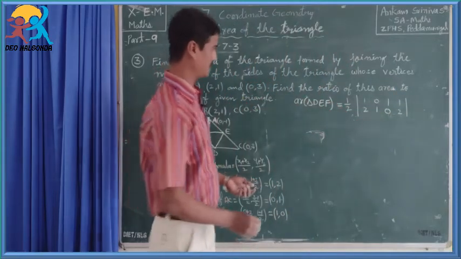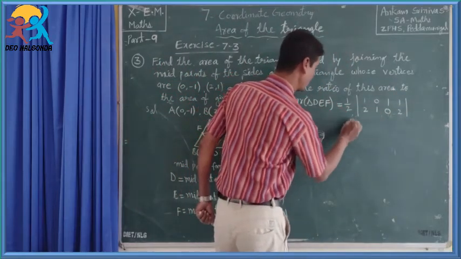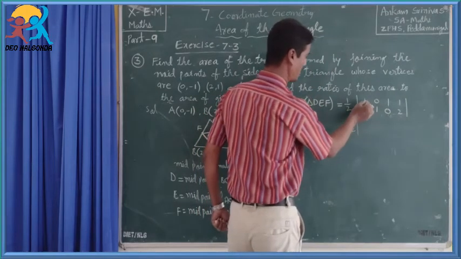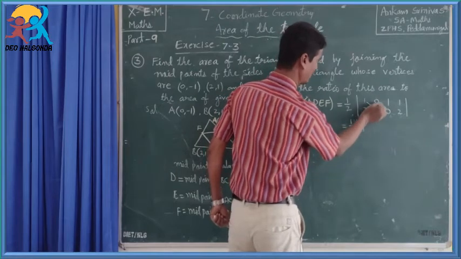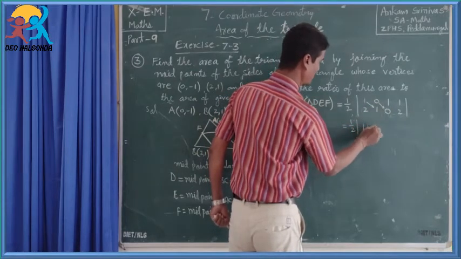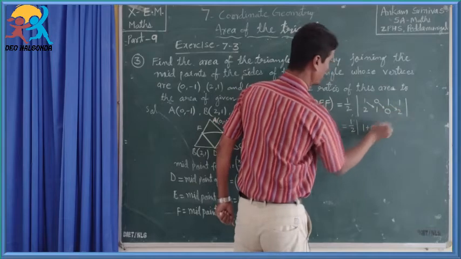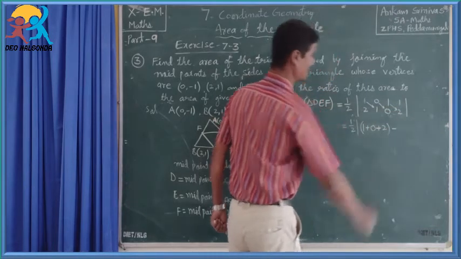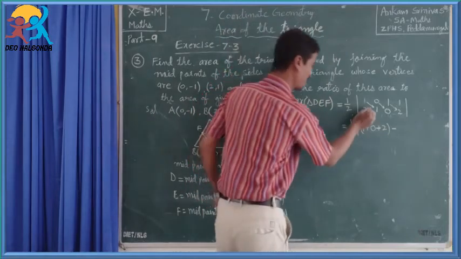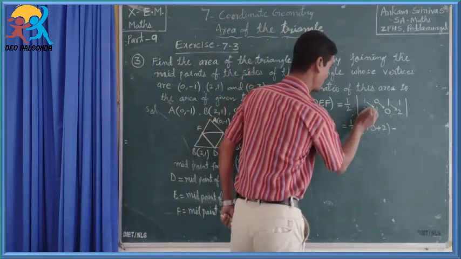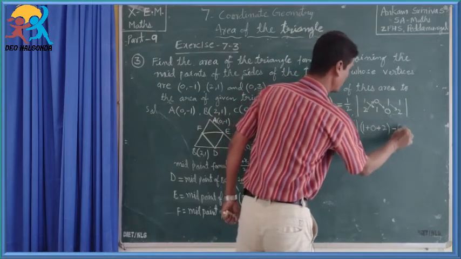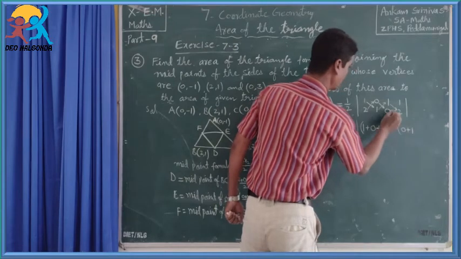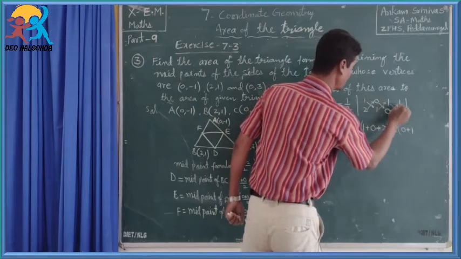Now the process I said: first take the product of these two, 1 into 1, 1, and 0 into 0, 0, 1 into 2, 2, minus the next product of these two, 2 into 0, 0, 1 into 1, 1, 1 into 0, 0.